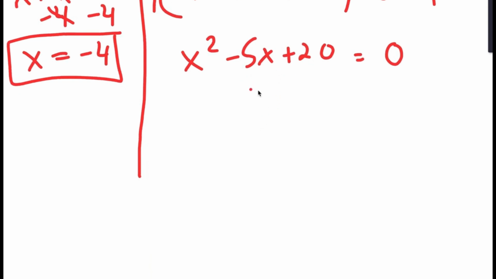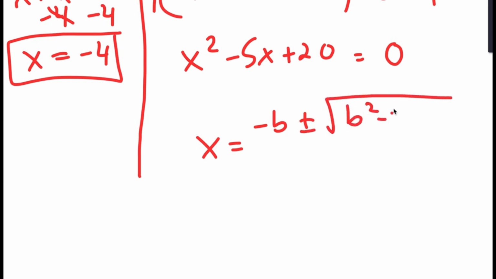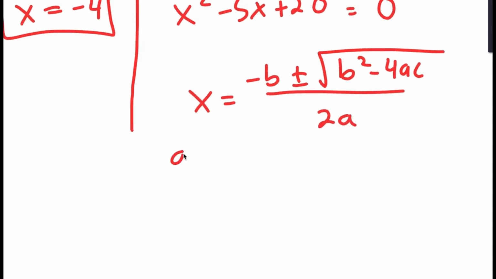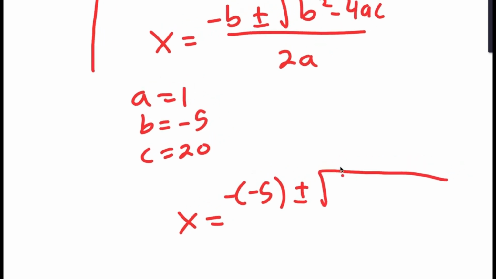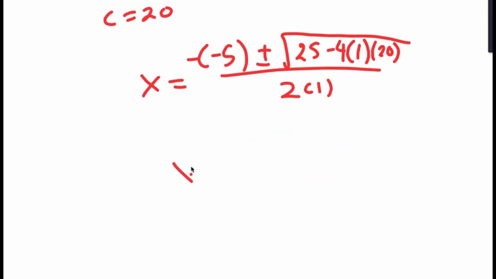And now, to solve this, I'm going to use the quadratic formula, which is negative b plus or minus the square root of b squared minus 4ac all over 2a. So in this case, a is 1, b is negative 5, and c is 20. So I get x is equal to negative of negative 5 plus or minus the square root of negative 5 squared, which is 25, minus 4 times 1 times 20, all over 2 times 1.